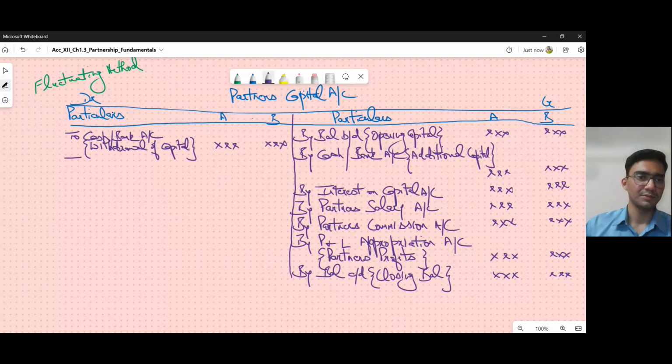The second item will be, all right, one thing I did not mention, this should contain another item on the debit side, the first item. Let's write that before this.